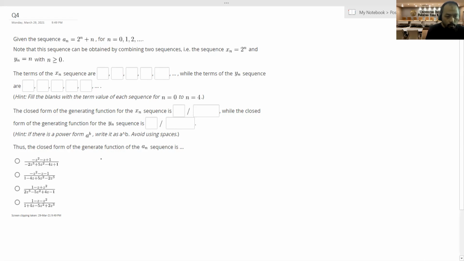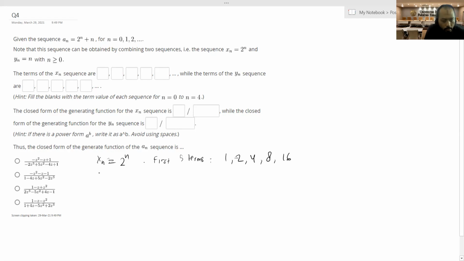The first part asks you to give the first few terms of x_n as well as y_n. For x_n, the first 5 terms are, of course, 1, 2, 4, 8, and 16.